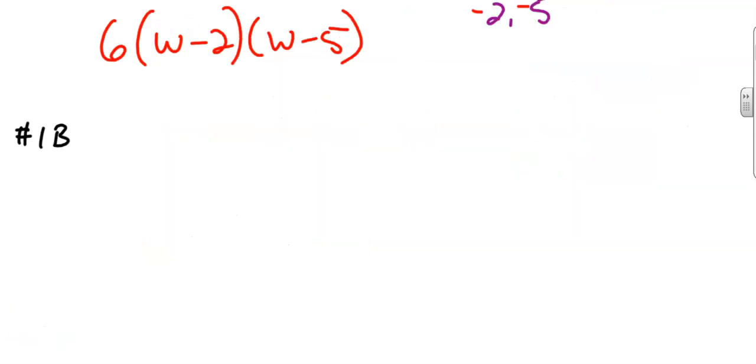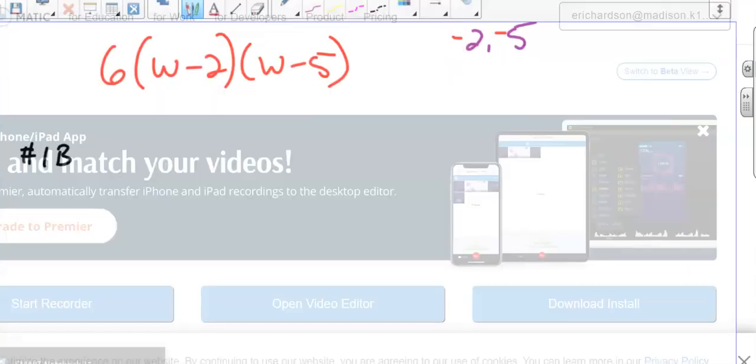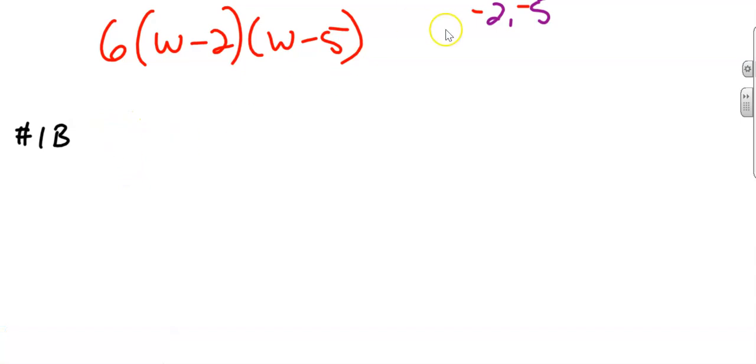All right, let's do one more of those. Okay, so let's go with 5v squared minus 15v minus 90.